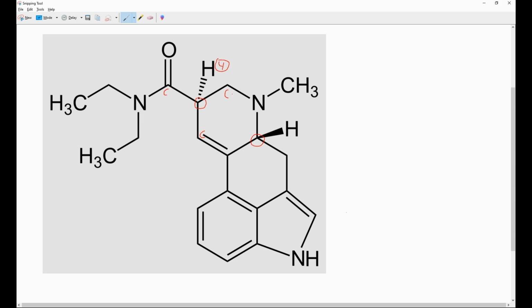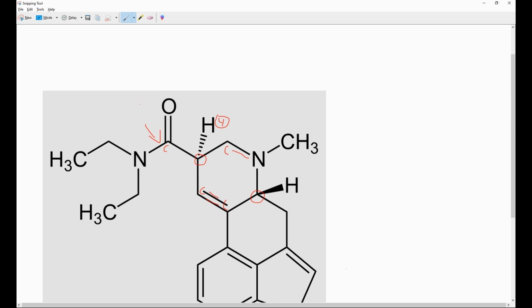However, we have to go one out, or however many amounts out, in order to find a difference in the atomic number. So going out one here, this is bonded to a nitrogen. Going one out here, this is bonded to an oxygen. Now, it's also important to note, with oxygen, double bonds are counted twice.